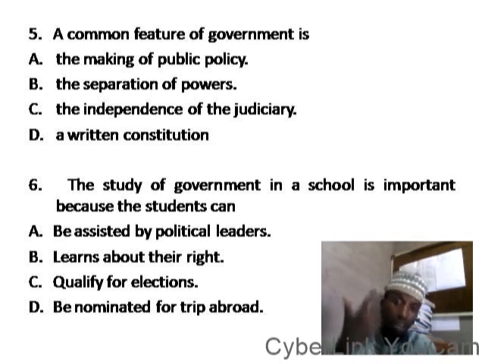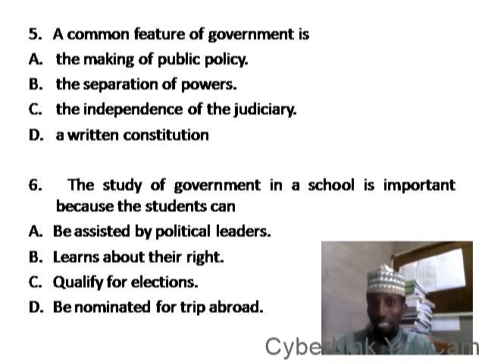But if you look at them, you will see that one thing is common to all, even the totalitarianism of fascism, the totalitarianism of Nazism. One thing is common to all, and it is the making of the public policy.